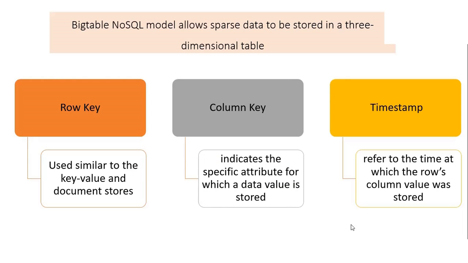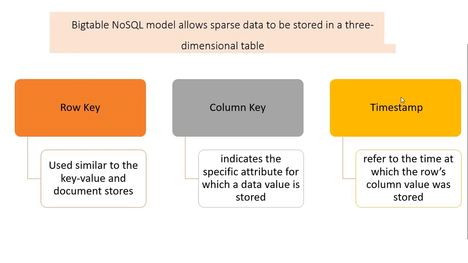The Bigtable NoSQL model allows sparse data to be stored in a three-dimensional table, and the three dimensions are: the first dimension is a row key, the second dimension is a column key, and the third dimension is the timestamp. The row key is used in a fashion similar to the key-value and document stores.